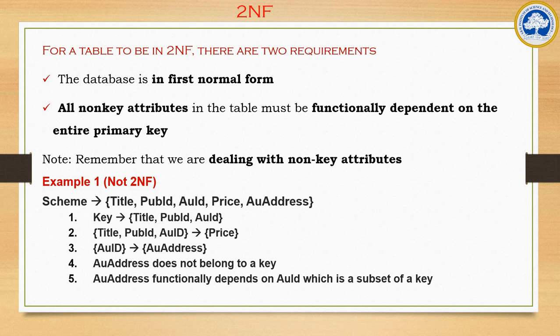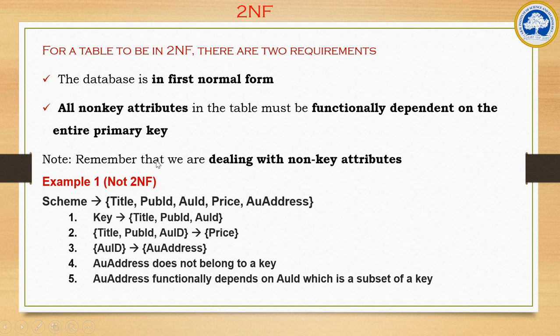For this example, the schema is title, publication ID, author ID, price and author address. Title, publication ID and author ID are the key. The remaining two, price and author address, are non-key attributes.